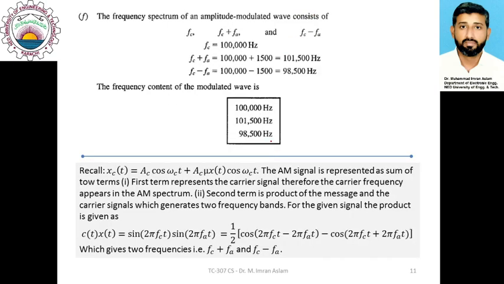And third important thing, we have discussed the frequency contents available in the modulated wave, and we see that the modulated wave contains three different frequency contents: the carrier, the carrier plus the message signal, and carrier minus the message signal frequencies. So these are the frequency contents that will be present in the modulated waveform.